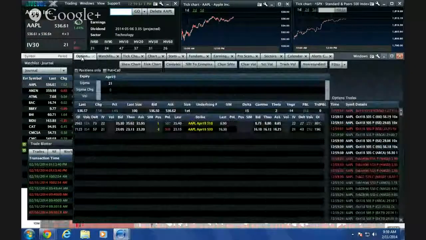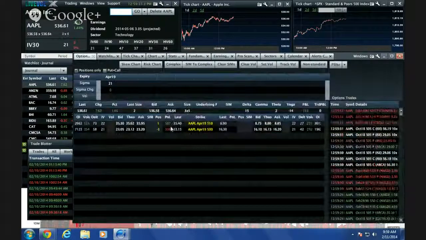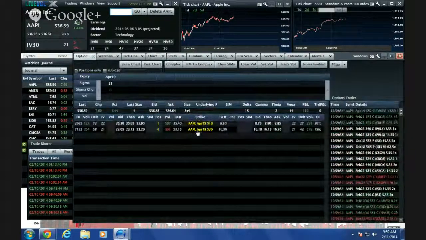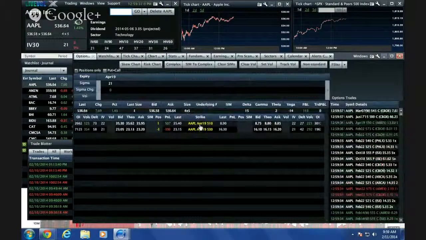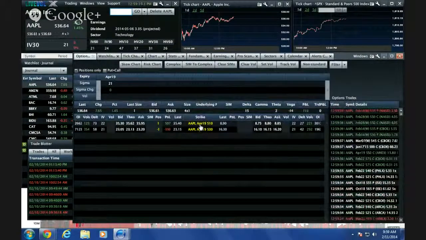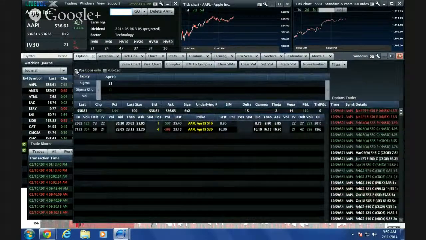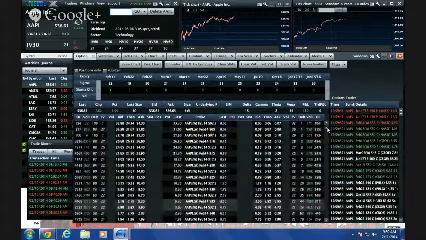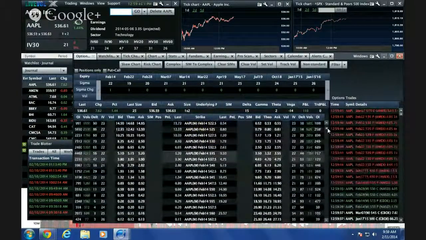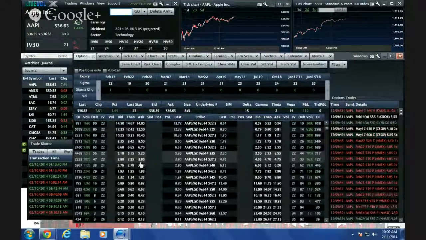And the reason why I like this spread is, let's say, for example, the stock goes down to 510 with a week to go. Well, I know that, if you look at the monies right now, it's around $4 and it's at a low volatility.